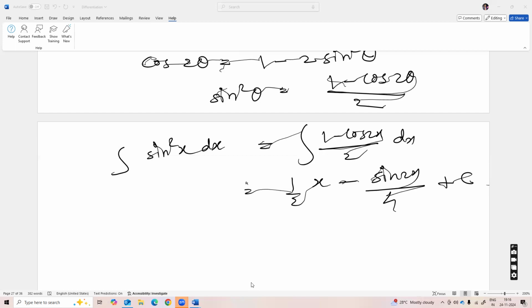In between, if you get any doubt, you can message me, and if it is easier, I will give the solution on WhatsApp only, or we can set up a meeting on Tuesday or Thursday to clear any doubt in differentiation, integration, or trigonometry.